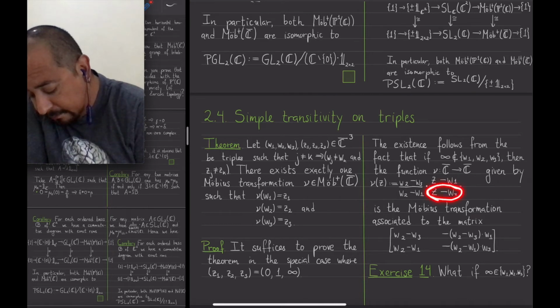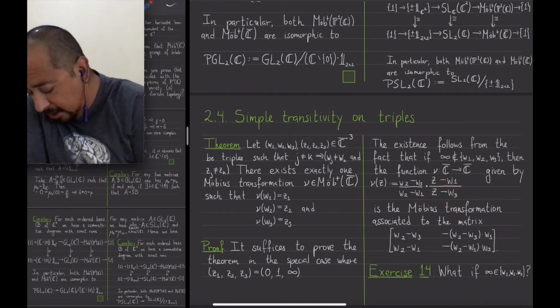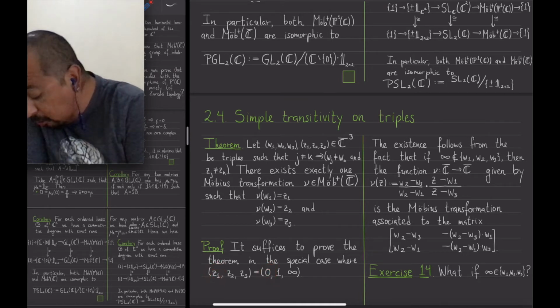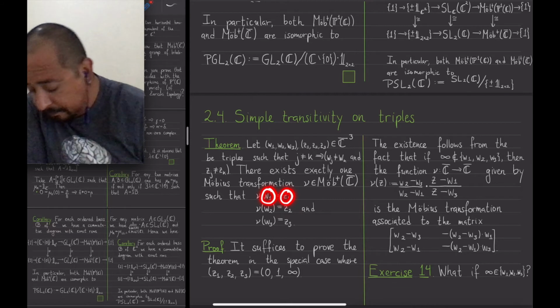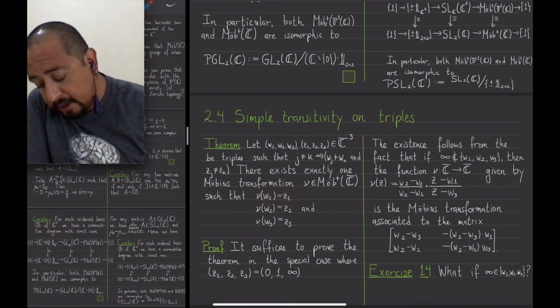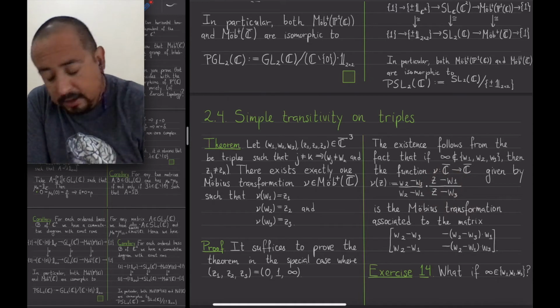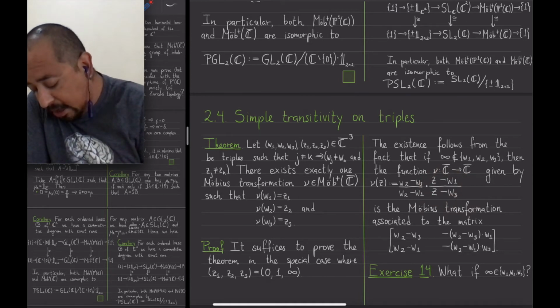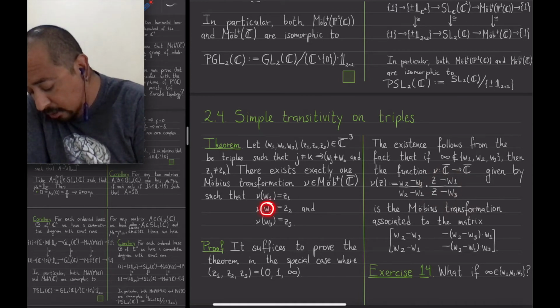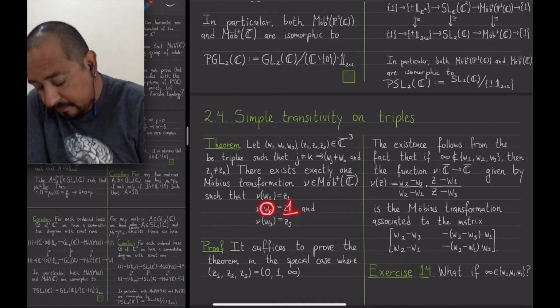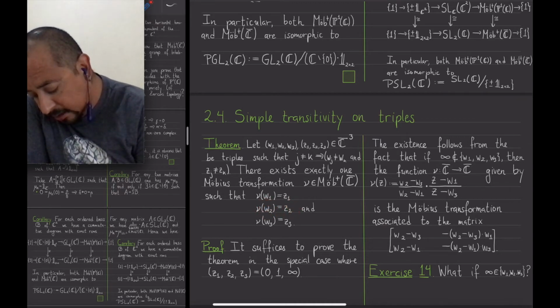We put that there. Then we also want W1 to land in 0, so put it in the numerator. And then how about W2? You want W2 to land in 1. So far I have this formula.